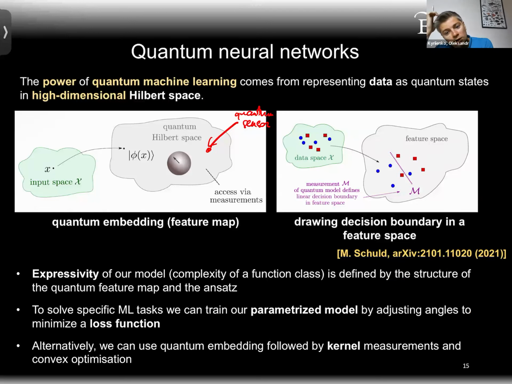And one original motivation for doing quantum machine learning was the expressivity of our models, because we build them in the space of exponentially many possibilities. So we have a function class whose complexity increases exponentially with the system size. So that was believed to be one way to exploit quantum computers. But later I will show that there is much more to that.